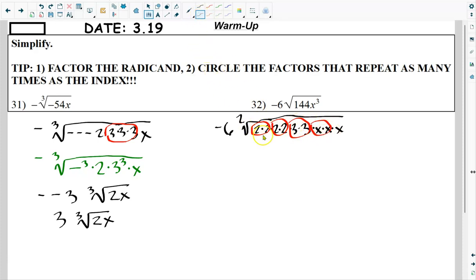And again, if we make the connection with this understanding, we'd have negative 6 square root of what? 2 squared times another 2 squared times 3 squared times x squared times x.